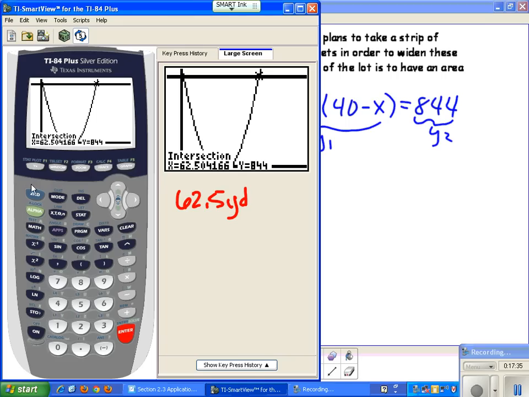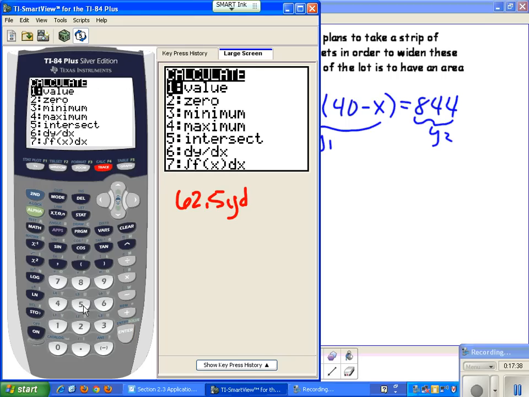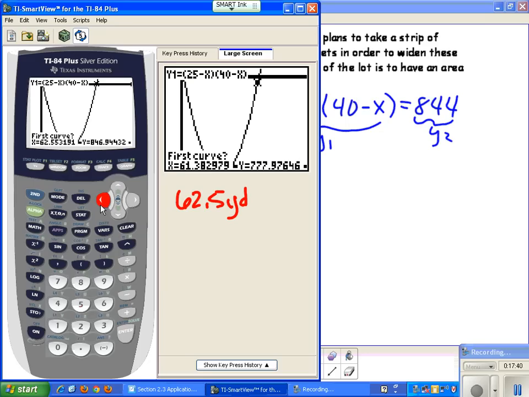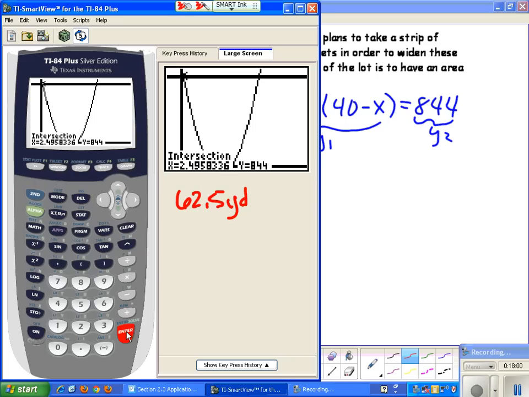And then for the second intersection, do the same thing. Second trace, intersection number 5, except for now I have to scroll all the way over to the other side. So when I do that, again, get as close as you can, hit enter 1, 2, 3 times, and you get x is equal to 2.5 yards, I believe we're talking about.